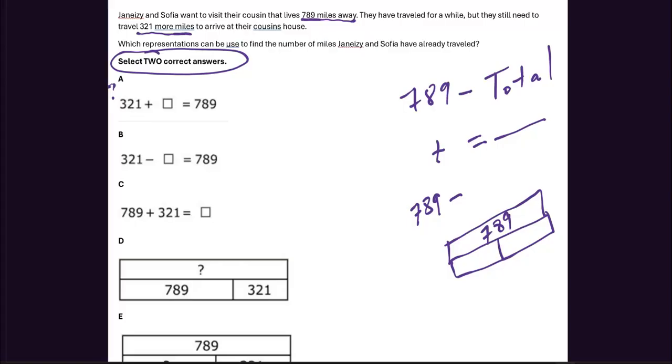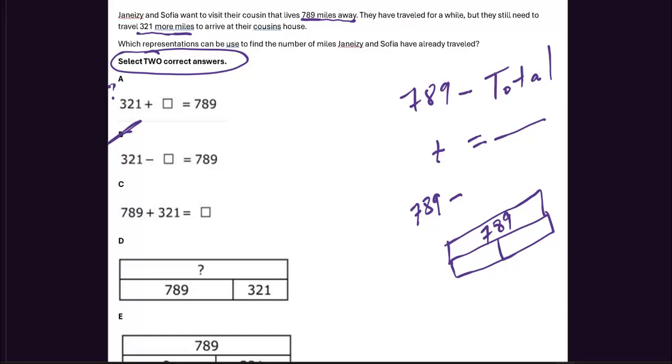B, 321 minus blank equals 789. Now 789 goes at the end when we're adding, not when we're subtracting. When we're subtracting, it goes in the front, because that's what we're taking away from. So B would be out.